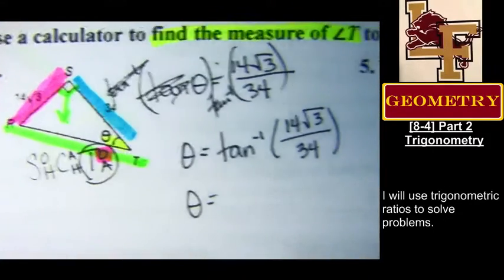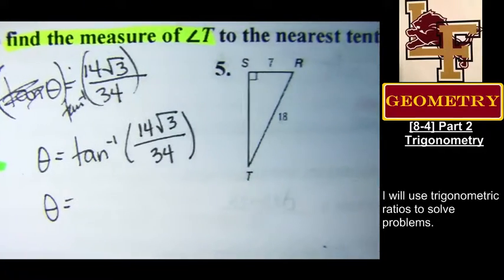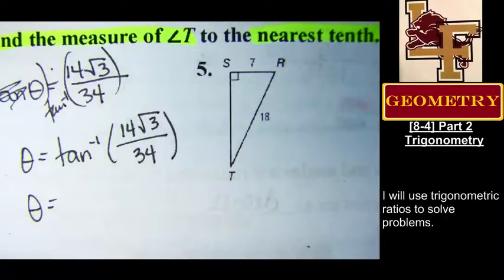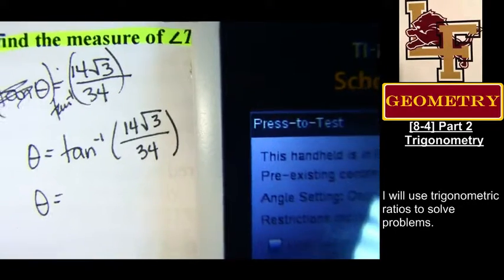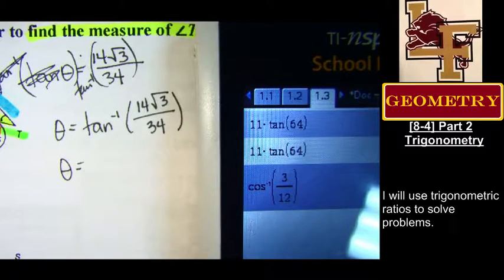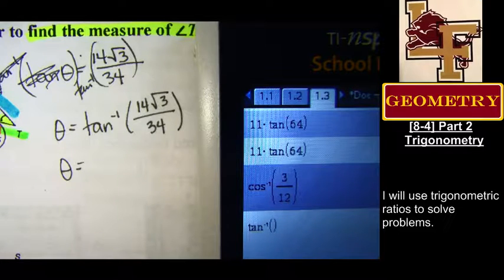We've been asked to find this to the nearest tenth, so I definitely need to stick this into my calculator. Okay, into my calculator, we are going to literally type tangent inverse and then that weird fraction.